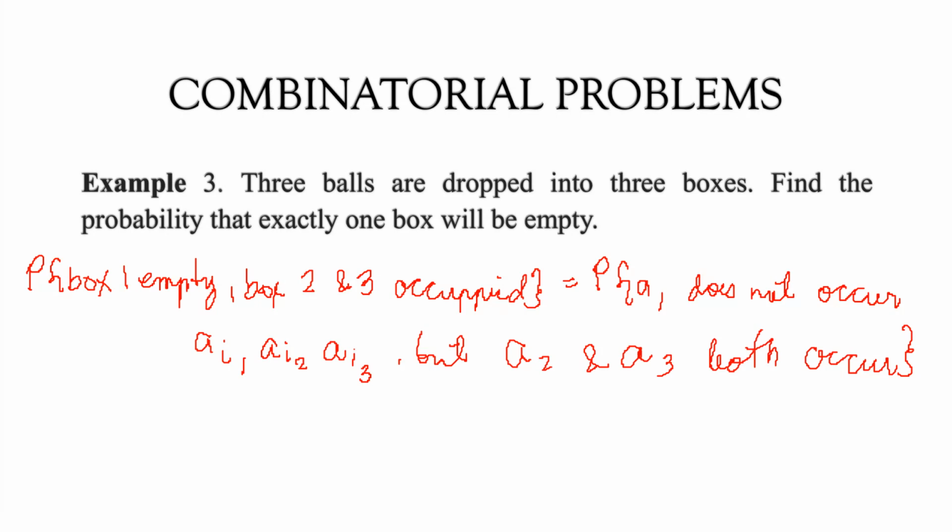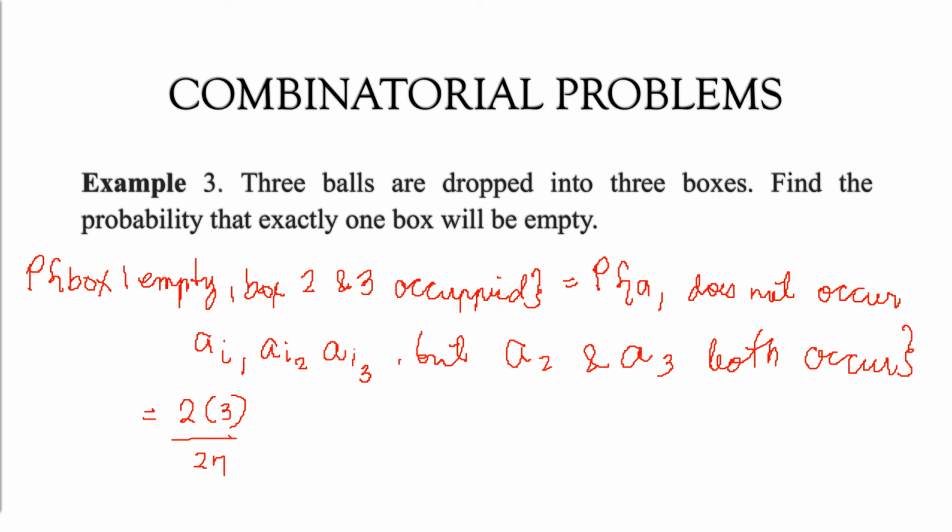Thus, the probability that box 1 will be empty and boxes 2 and 3 occupied is equal to 2 times 3 over 27, or 6 over 27.